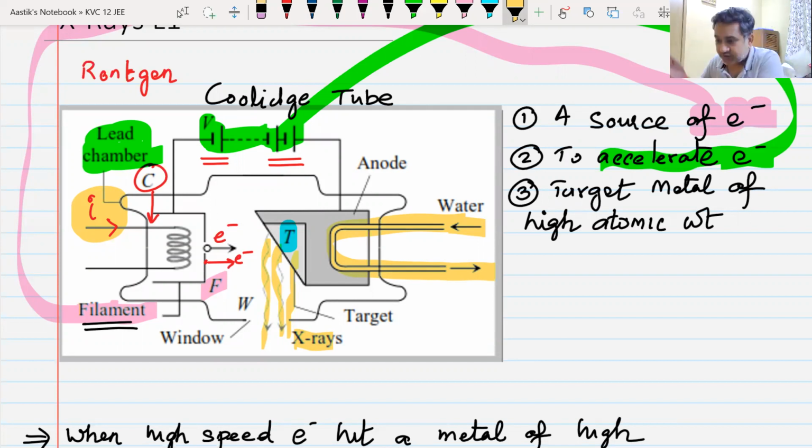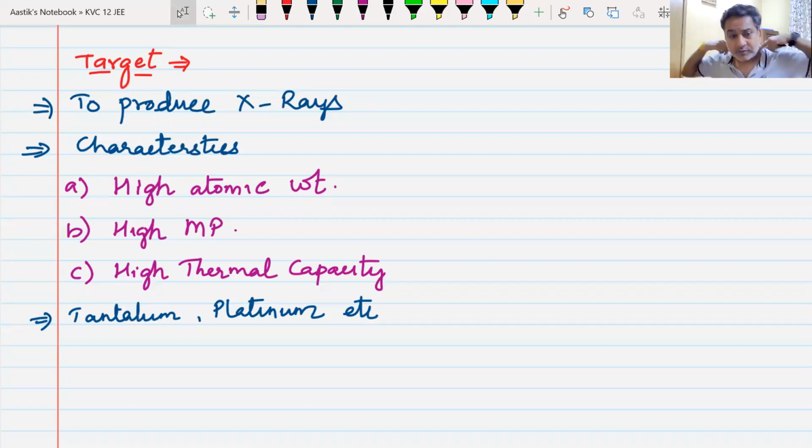So this water removes that heat so that it cools down. Do we understand this? Yes, sir. Coolidge tube. That's all the production of X-rays that we need to understand.